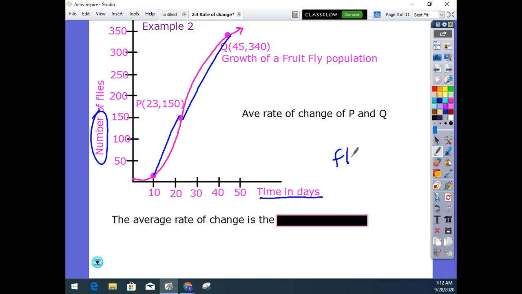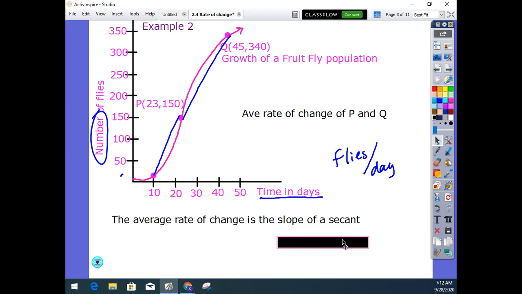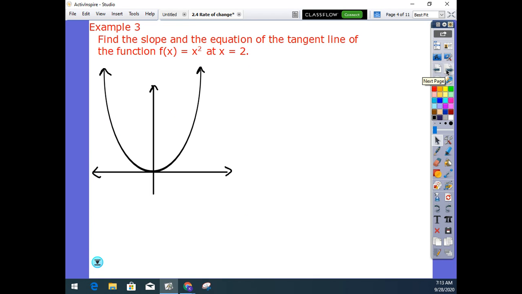So it's flies per day. The rate will always measure the y label over the x. Slope of a secant. Secant is 2 points. Slope of a secant is your average rate of change.